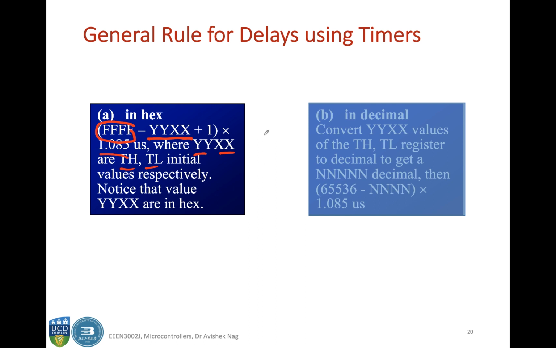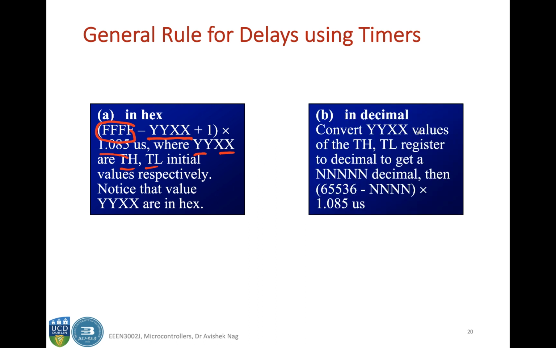In decimal, you can convert the YYXX values of the TH and TL registers to decimal, and the maximum number that the timer can count in decimal is 65,536, which is 2 to the power 16 because it's a 16-bit timer. So 65,536 minus the decimal equivalent of YYXX.